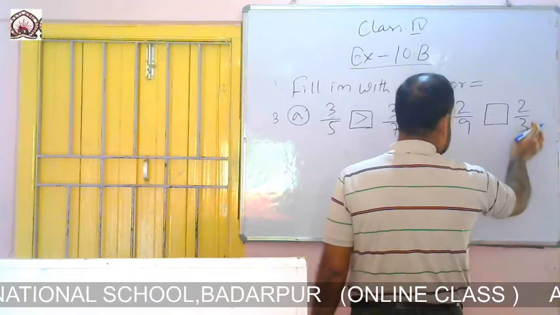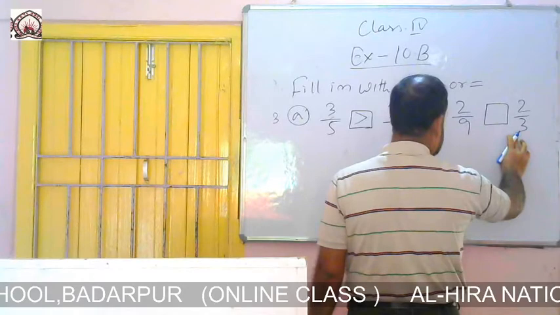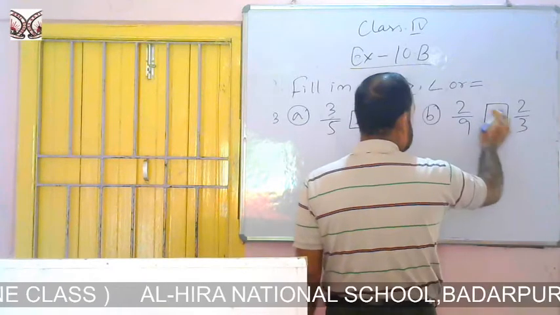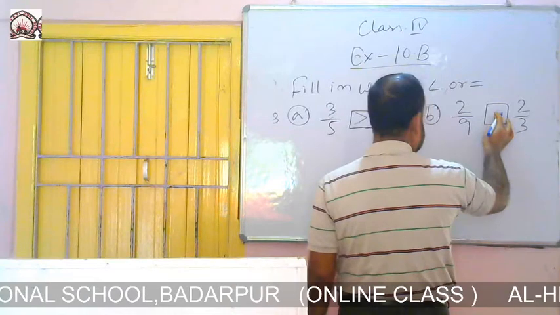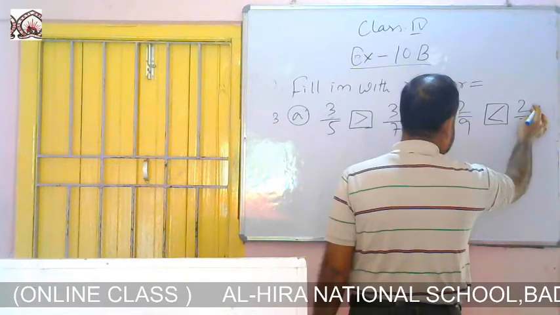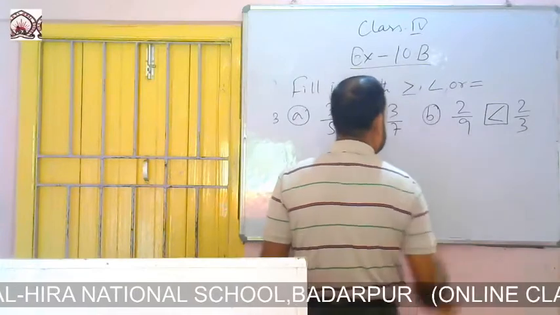So here the smallest denominator is 3. So 2 by 3 is more than 2 by 9. If we write it like this, 2 by 9 is less than 2 by 3.